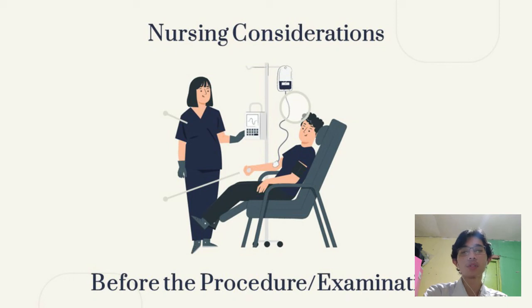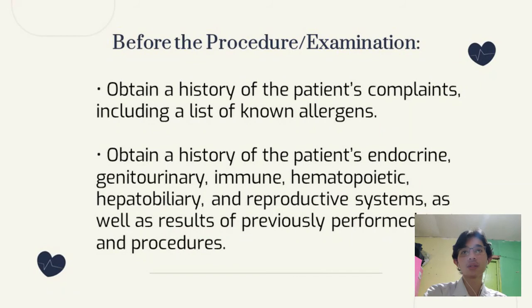First is before the procedure or examination. First is to obtain a history of the patient's complaints, including a list of known allergens. Next is to obtain a history of the patient's endocrine, genitourinary, immune, hematopoietic, hepatobiliary, and reproductive systems, as well as results of previously performed tests and procedures.